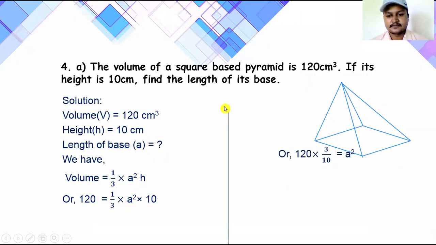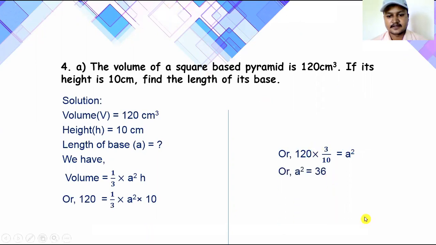What is cancelled now? 10, 12, so 120. 10. And 12 is 36. A square is equal to 36 and A is equal to 6 centimeter, and it is our required answer. Just we have to find out the length of base only.